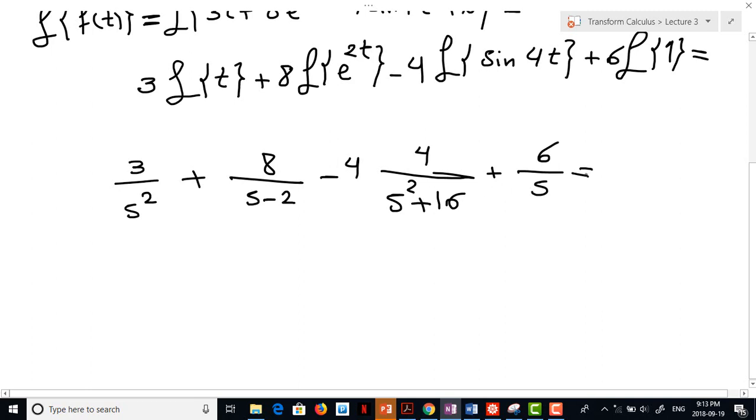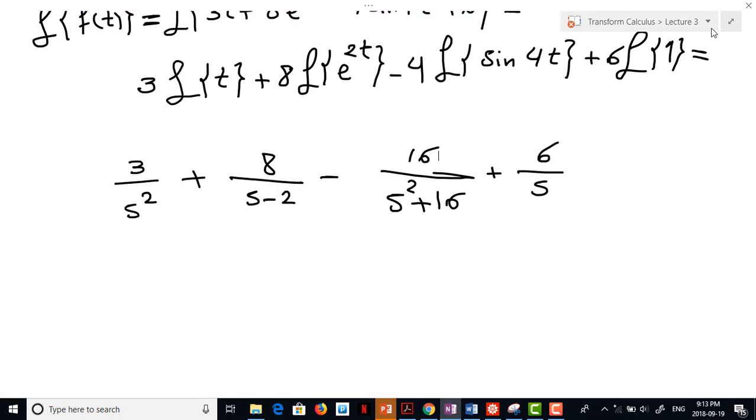If you want to simplify here, 4 times 4 is 16. So it's the Laplace transform of this function, and we used the linear property of Laplace transform to find this solution.